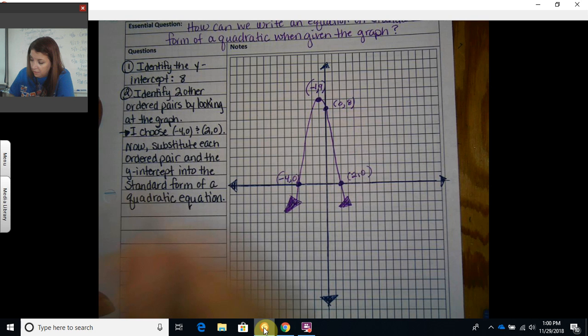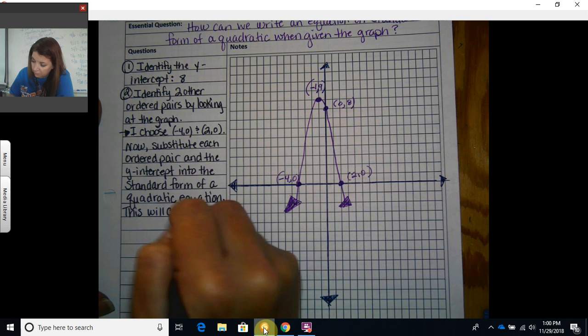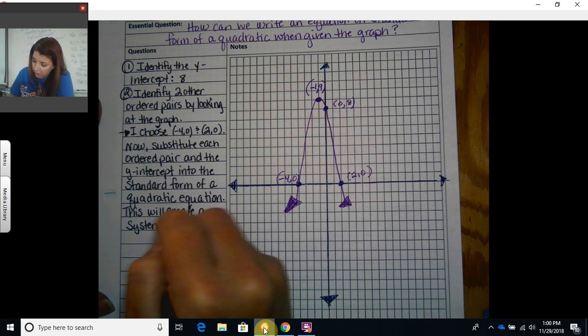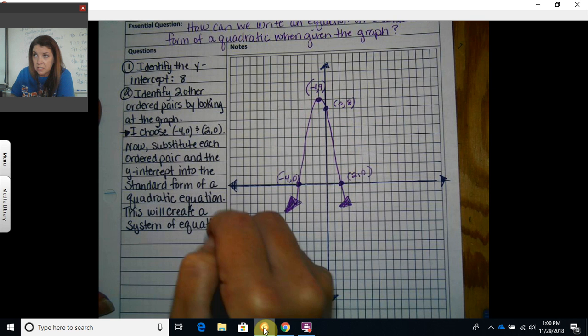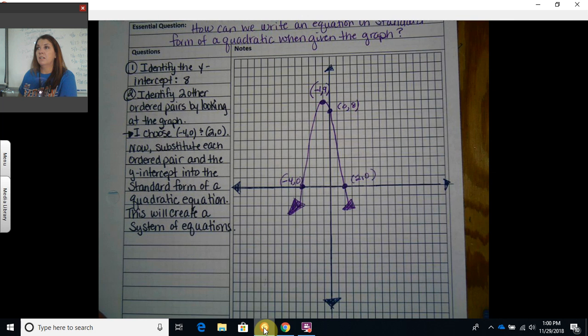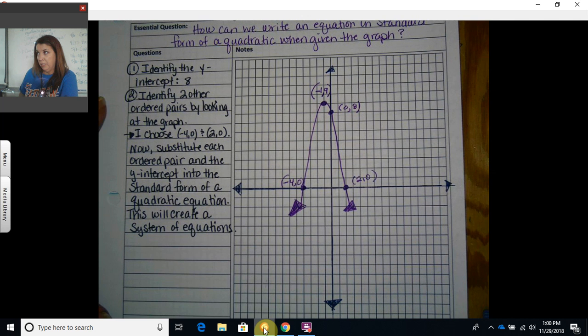This will create a system of equations. Y'all remember when we learned how to solve systems of equations? Do I need to zoom in on that? Can y'all see that okay? Everybody cool?